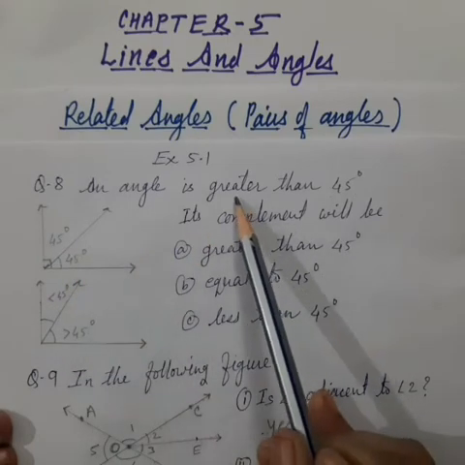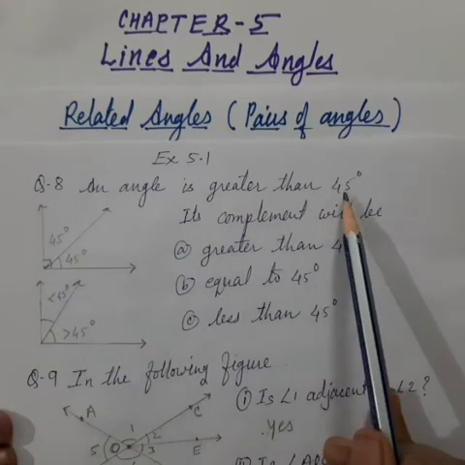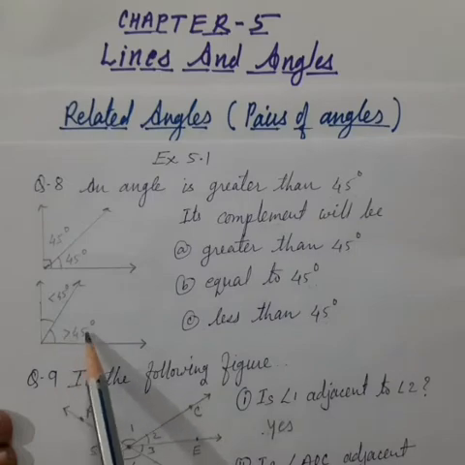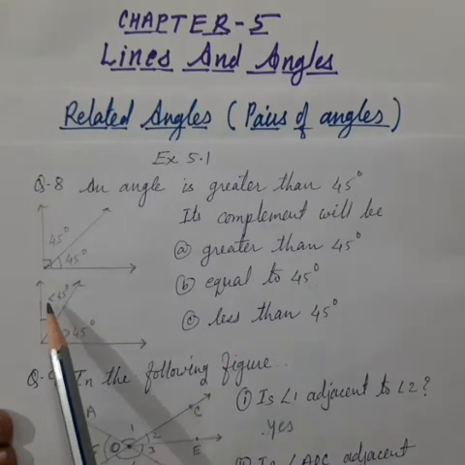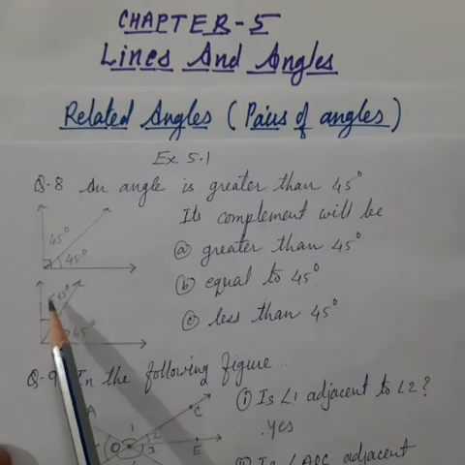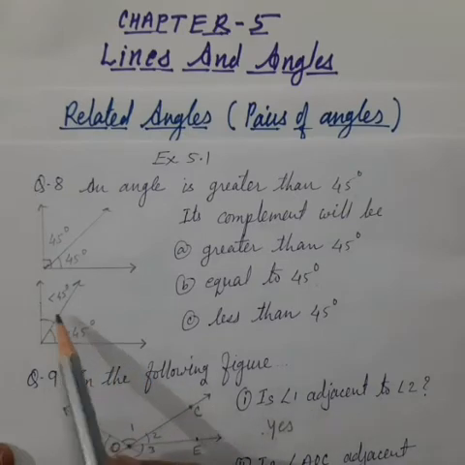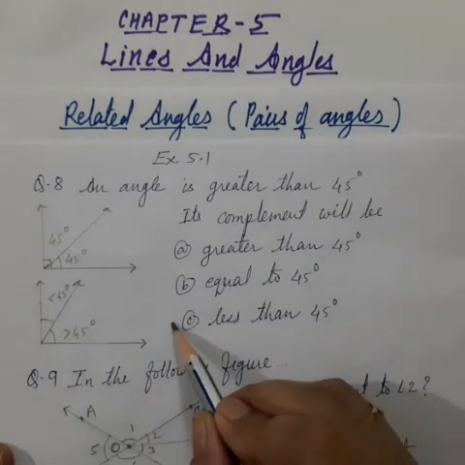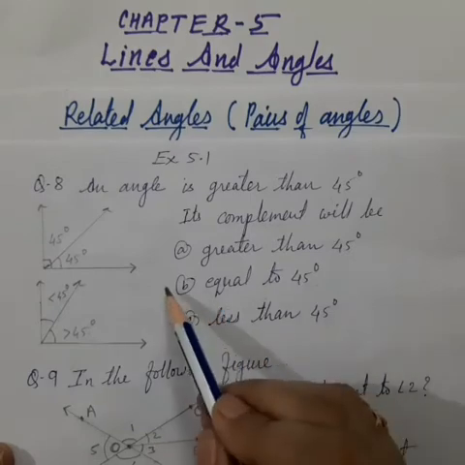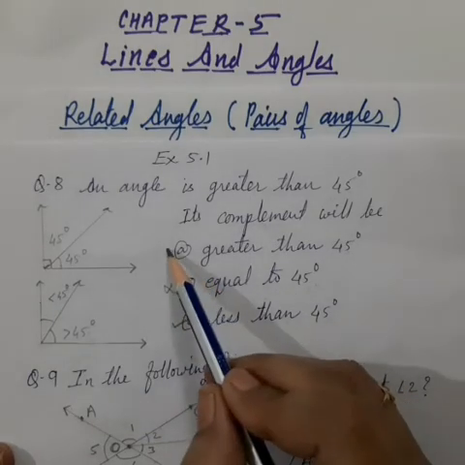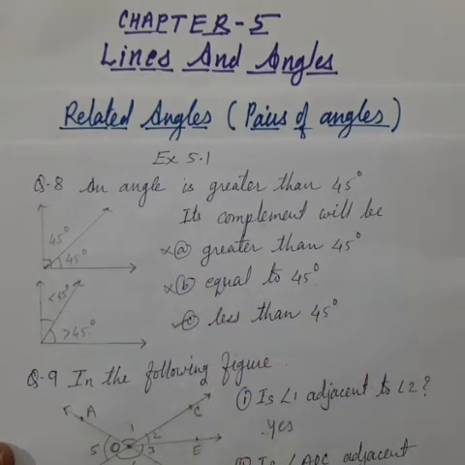But this angle is greater than 45 degrees. So obviously the other angle will be smaller than 45 degrees so that the sum will be 90 degrees. So the other angle should be less than 45 degrees, not equal to 45 degrees, not greater than 45 degrees.